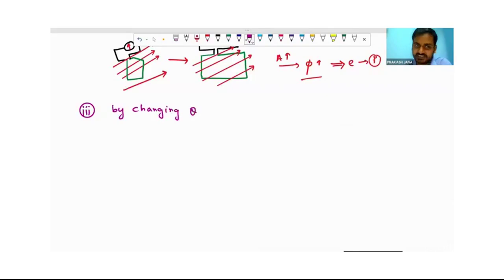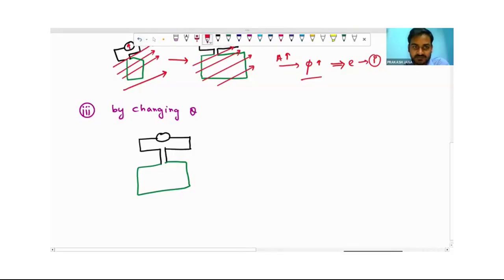Theta is the angle between the magnetic field and the cross-sectional area vector. For example, see here, this is our galvanometer circuit, and this circuit will be connected with our closed loop. Now this is connected like this.